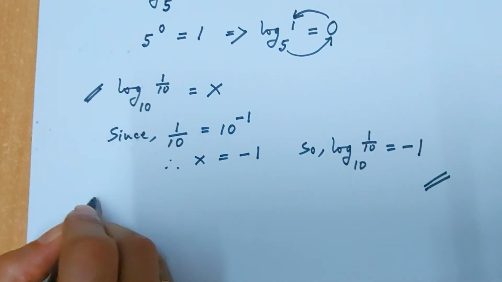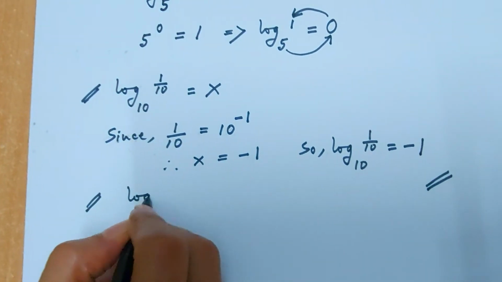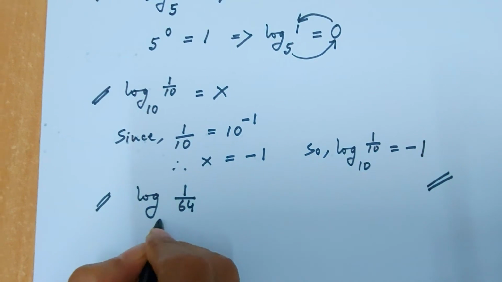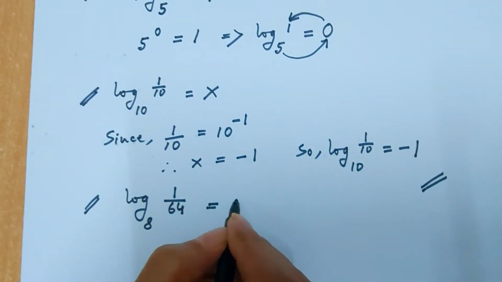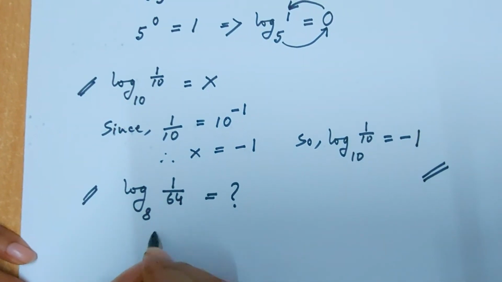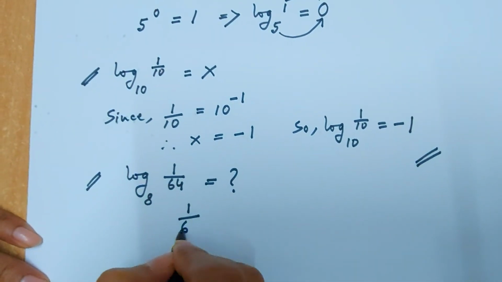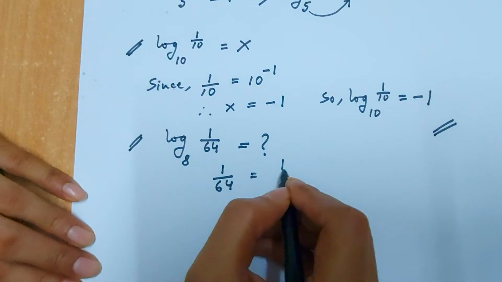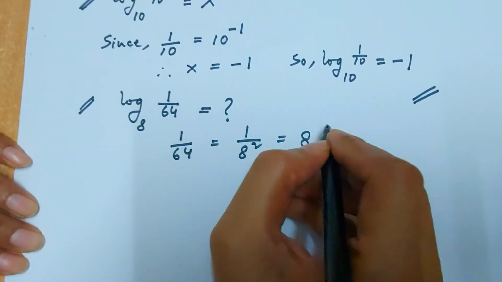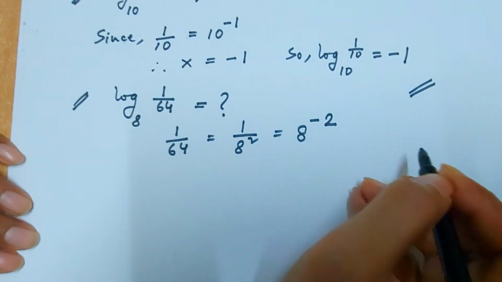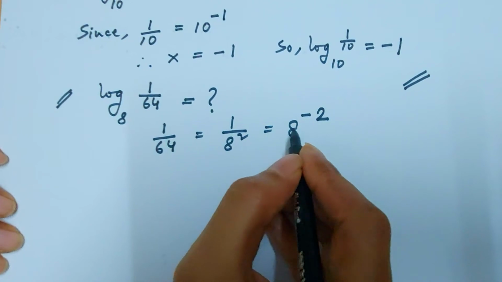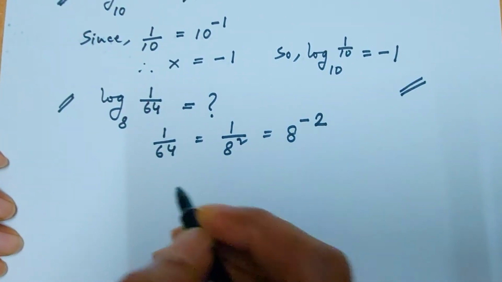Here is another for you. Log of 1 over 64 to the base 8 equal to what? So 1 over 64, we know 1 over 8 square equal to 8 power negative 2. Here is the same story like before, 8 power negative 2.